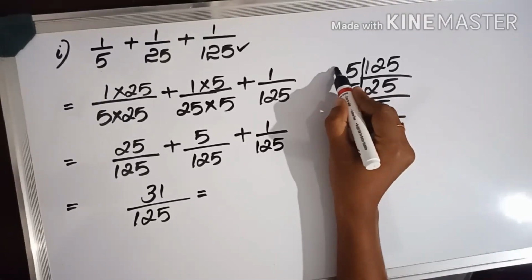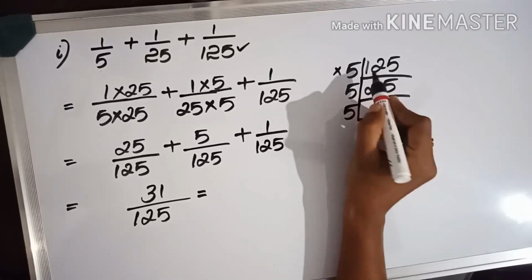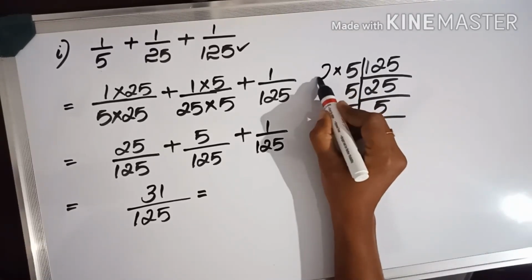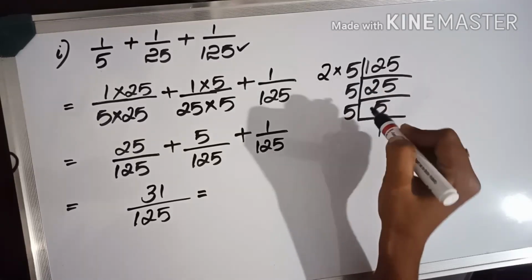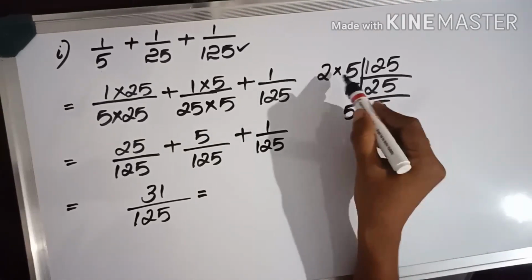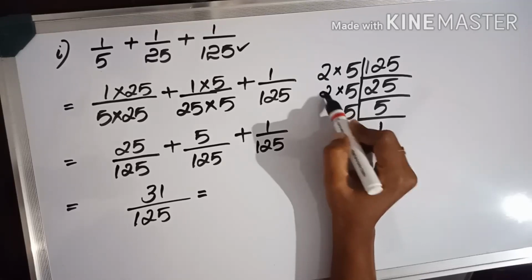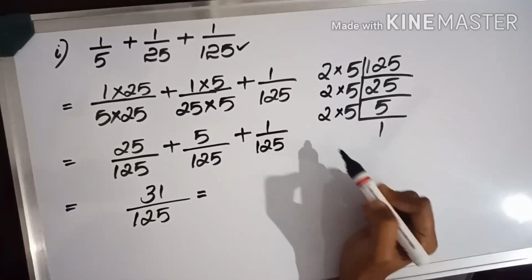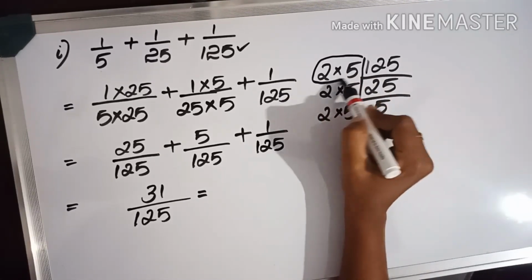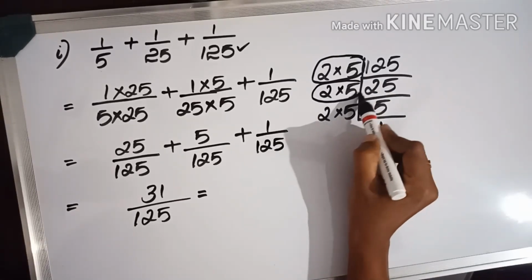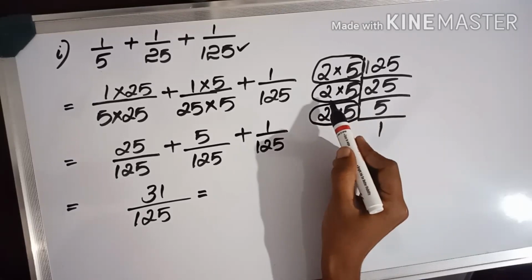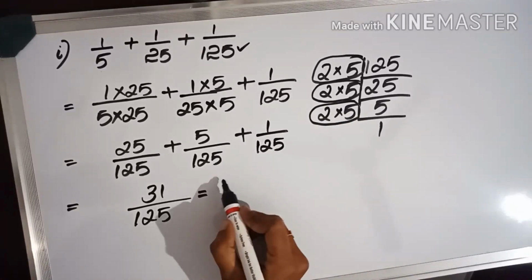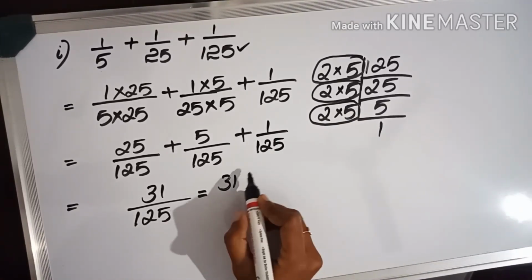In order to get a product of 10, we need to multiply each 5 with 2, because there are no 2s here to make a pair with product 10. So into 2, again one more into 2. Then only we will get one pair as 10, the next pair as 10, then the next pair as 10. So 2 into 2 into 2 we need to give for the numerator and the denominator.